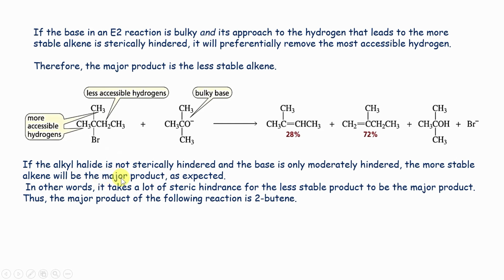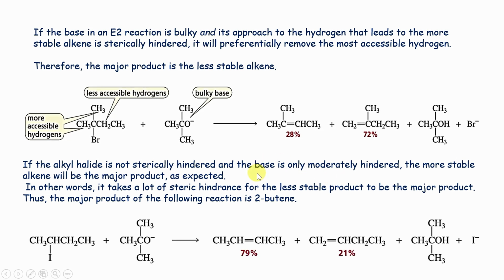If the alkyl halide is not sterically hindered and the base is only moderately hindered, the more stable alkene will be the major product as expected. So, for example, in the case of 2-iodobutane, even though tertiary butoxide is a bulky base, we will get the more stable, more substituted alkene as the major product because it is only moderately sterically hindered.